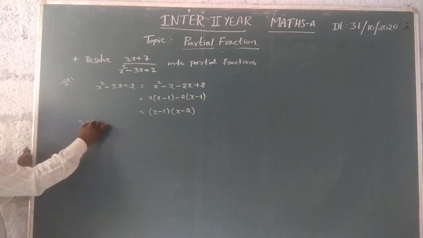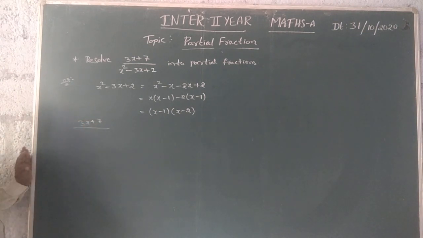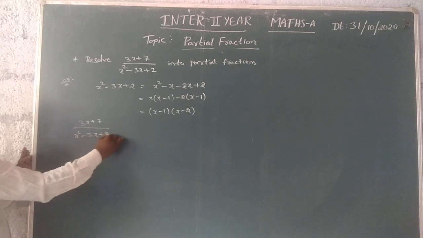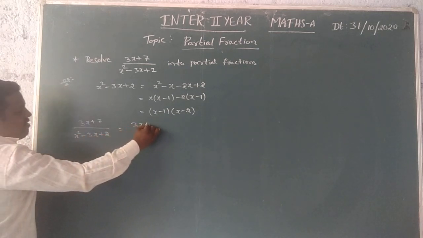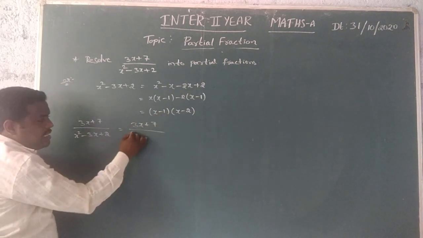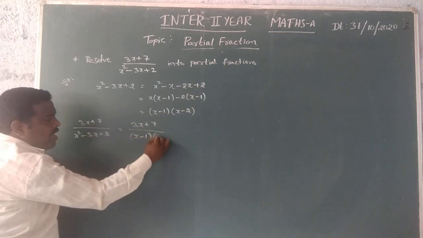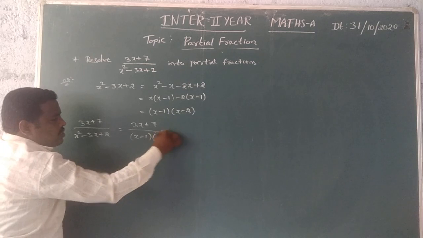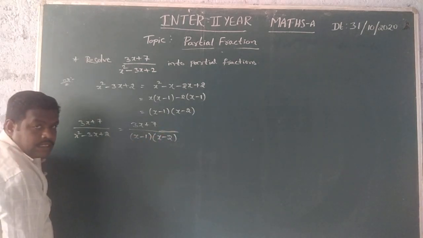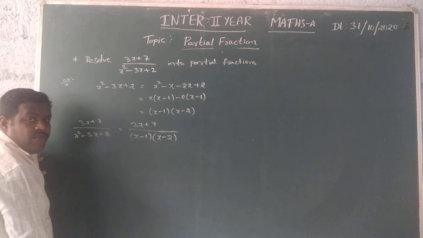So the given fraction 3x plus 7 by x square minus 3x plus 2 can be written as 3x plus 7 by x minus 1 of x minus 2. Your denominator contains two linear factors, which are non-repeated.